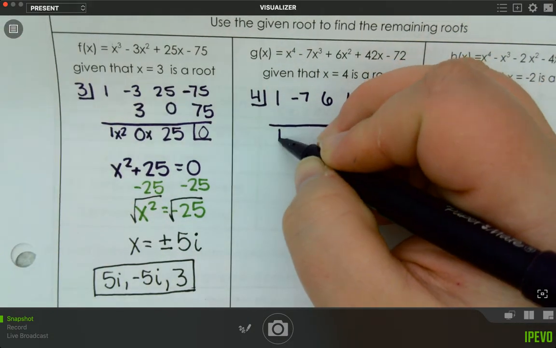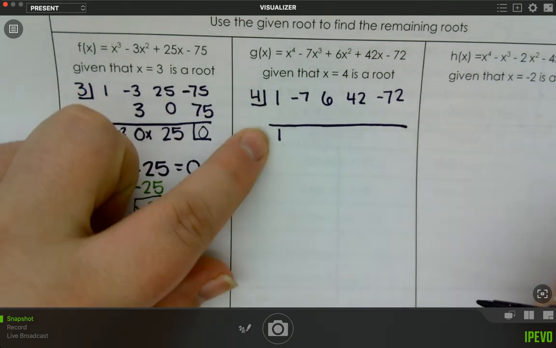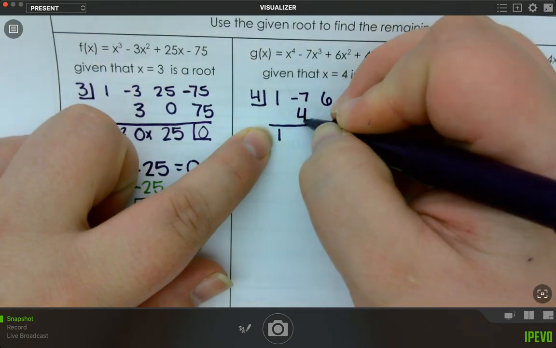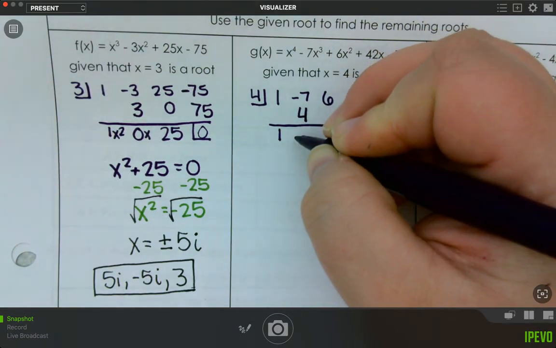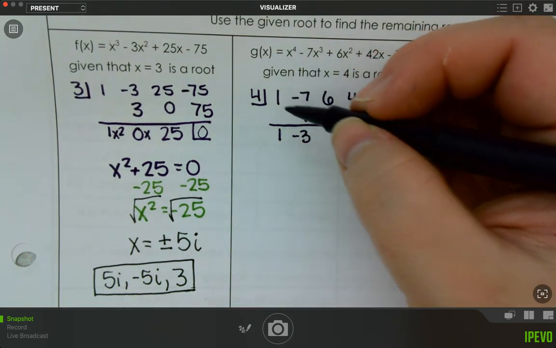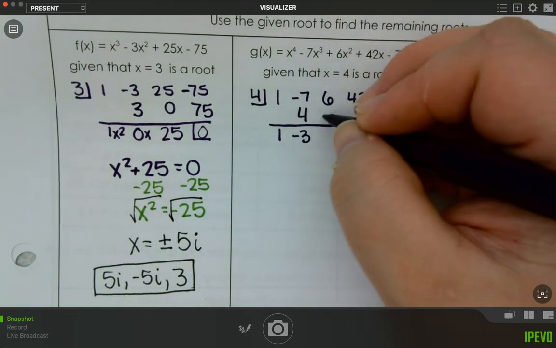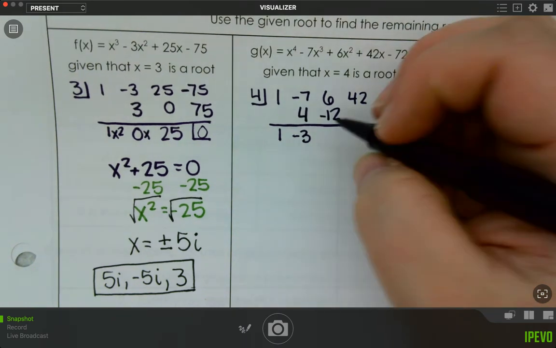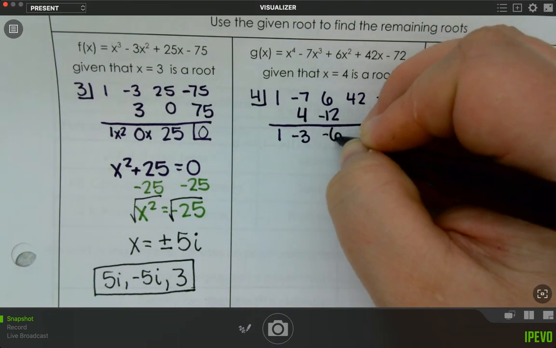Drop the 1 down, and remember that you are multiplying these two, that's 4, and adding these two to get a new number, negative 3, that gets multiplied by the 4. Negative 3 times 4 is negative 12. 6 minus 12 is negative 6.